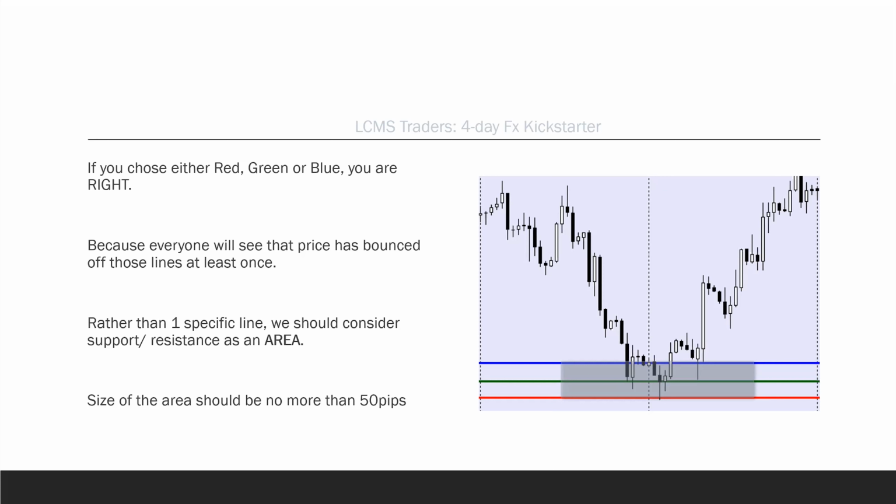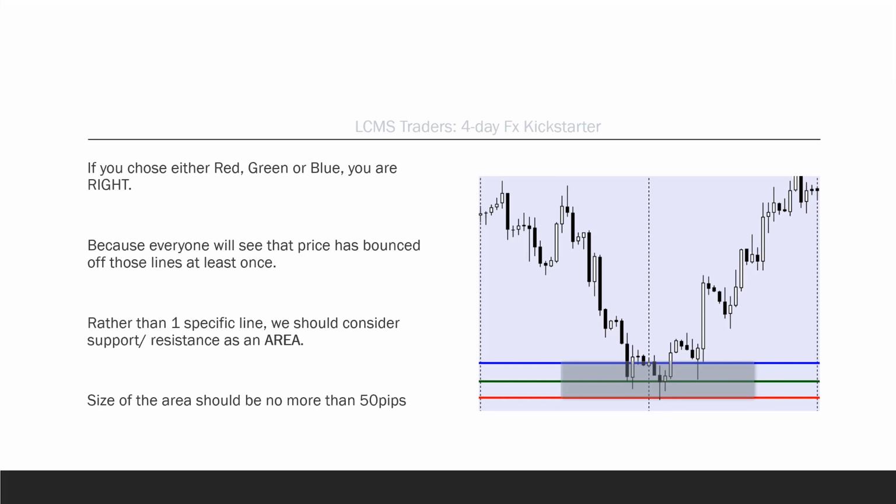Because everyone can see that price has bounced off that area at least once, they would have drawn a line there. So because of this, I'd rather you start thinking of support and resistance not as one price.